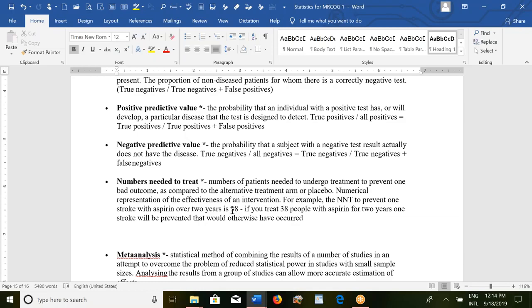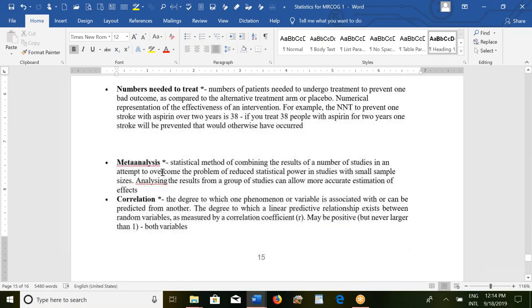Now your patients are at 34 weeks, and you will give antenatal corticosteroids to 5 patients to prevent one case of respiratory distress syndrome. So it's a better intervention at 34 weeks. That is the point. The more premature, the more people you will have to treat to prevent one case of RDS.